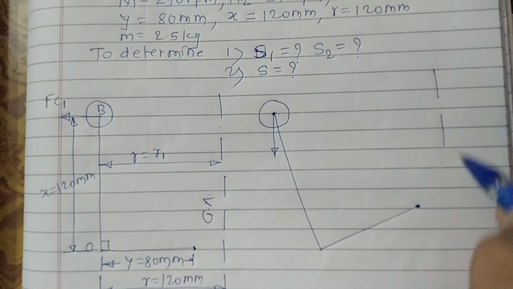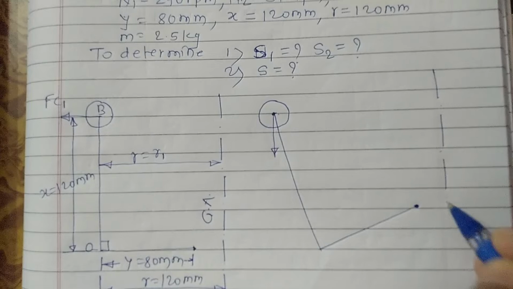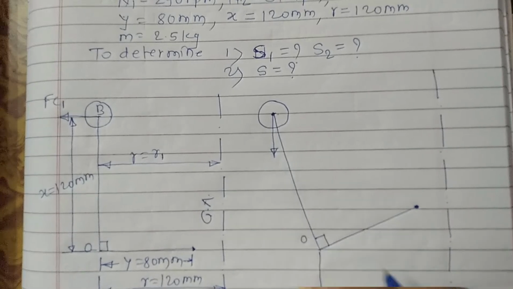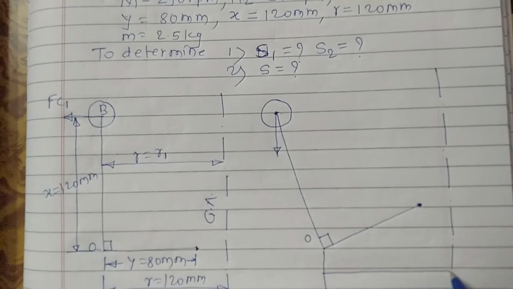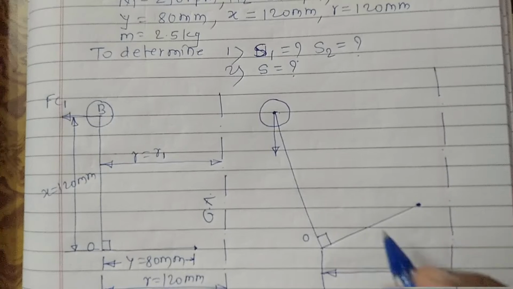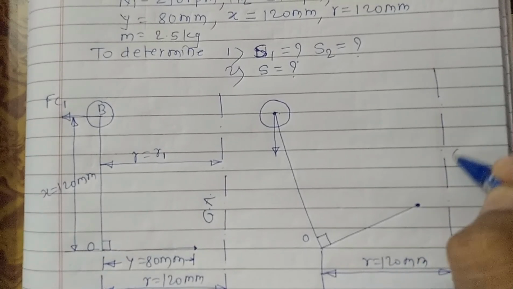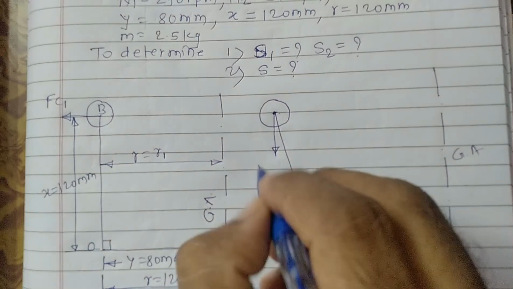Here is the governor axis. This point is nothing but the pivot point. This distance is 120 mm. The governor axis is here. This indicates FC2.